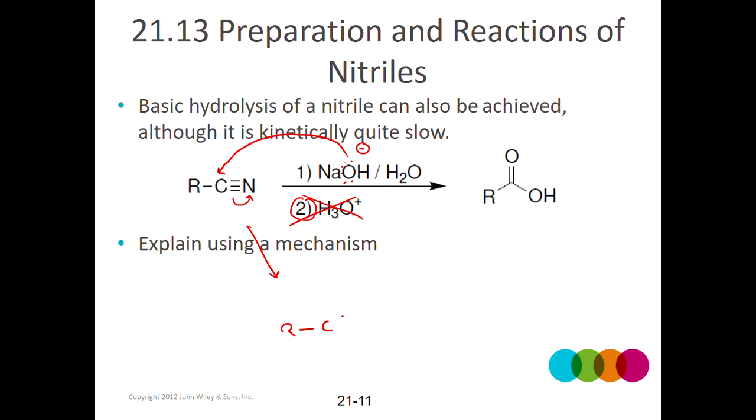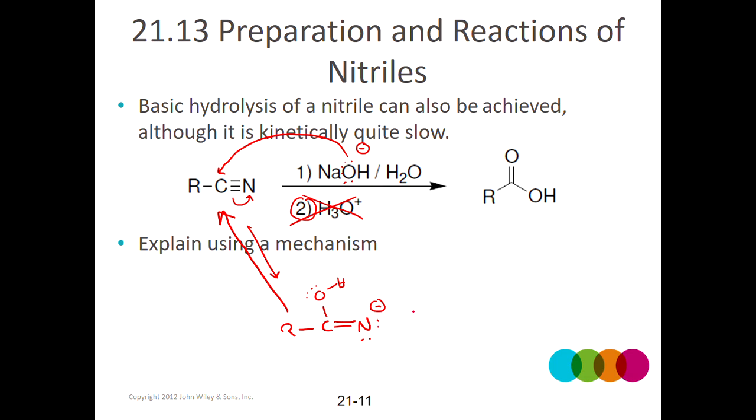So the OH would now be connected there, and these electrons swing to the nitrogen. Now the nitrogen has a negative charge. So we know the negative is a lot more stable on the oxygen than the nitrogen. So this first step already is very reactant favored.